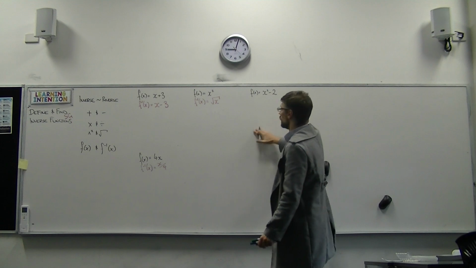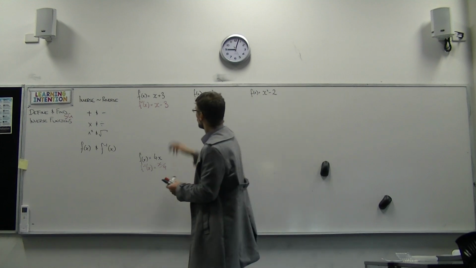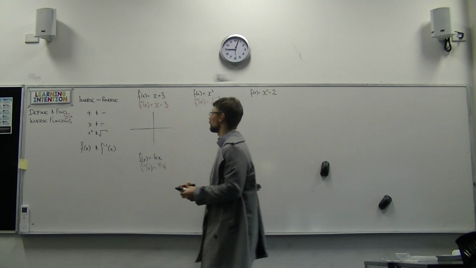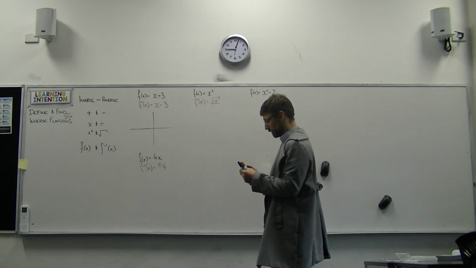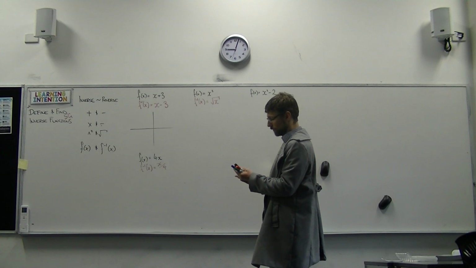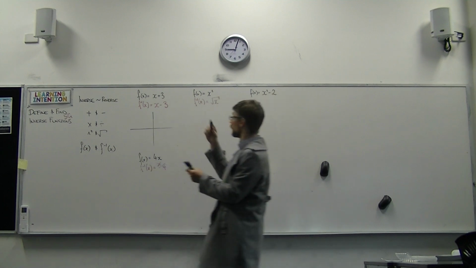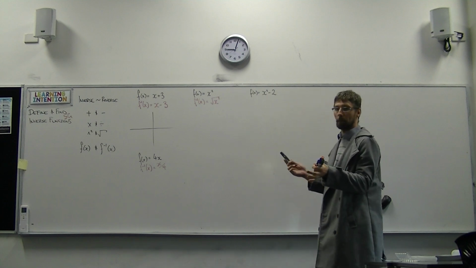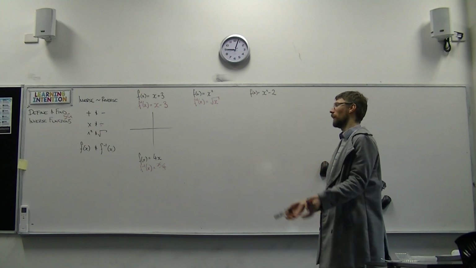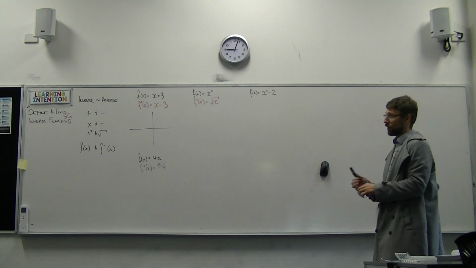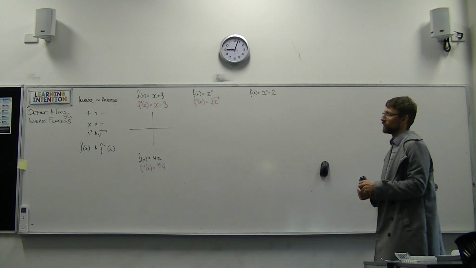Great. Well, let's think about what these two things look like. X plus 3, what does that look like? A line. Good. What kind of line? A linear line, a straight line.